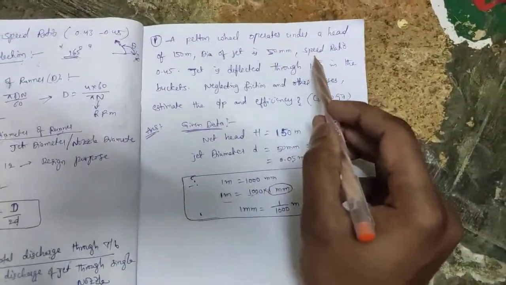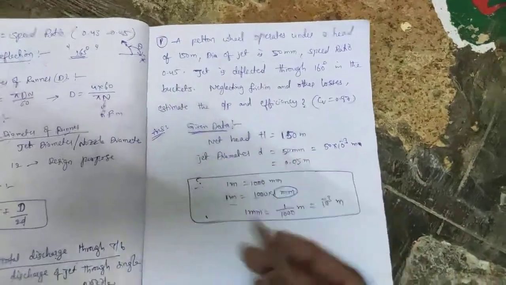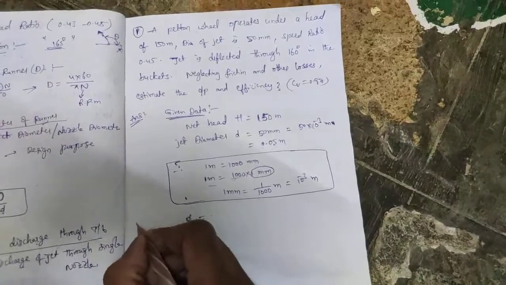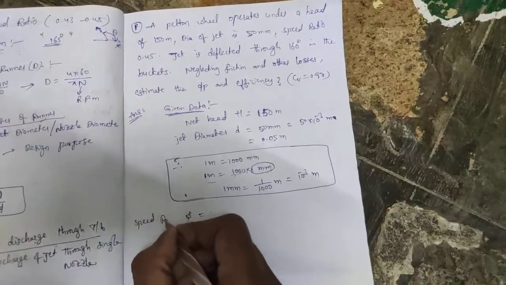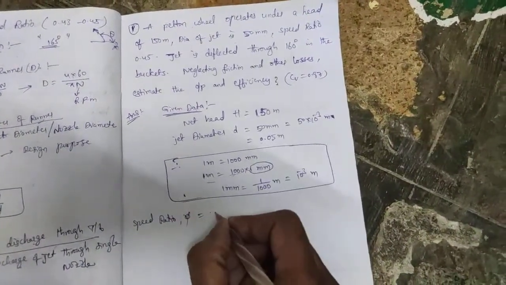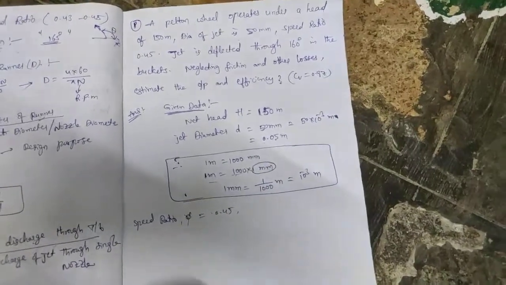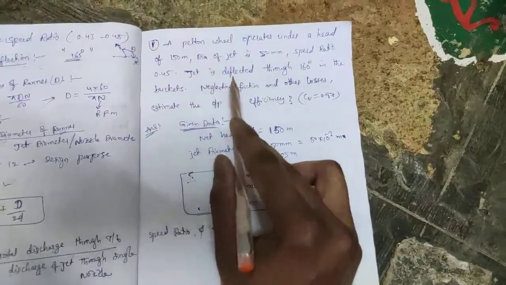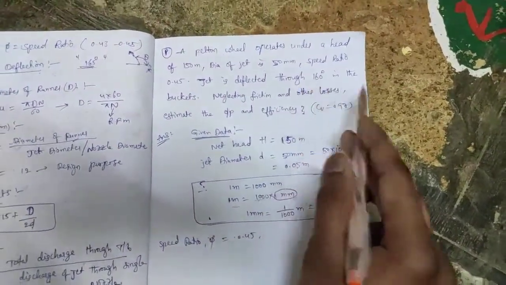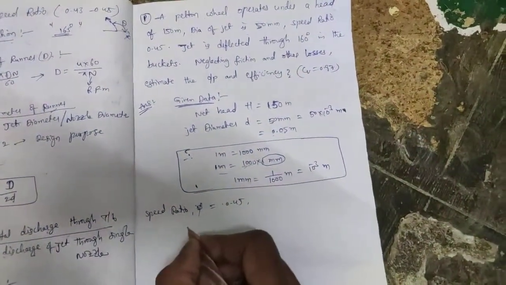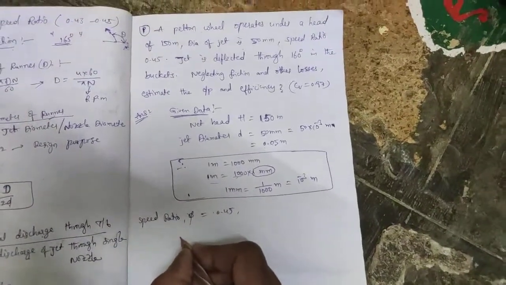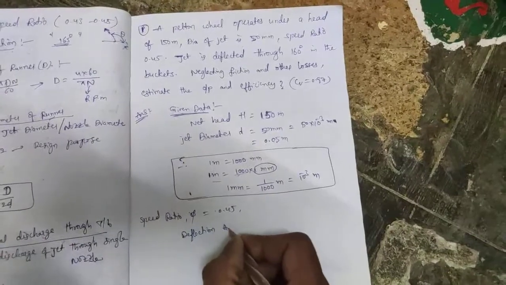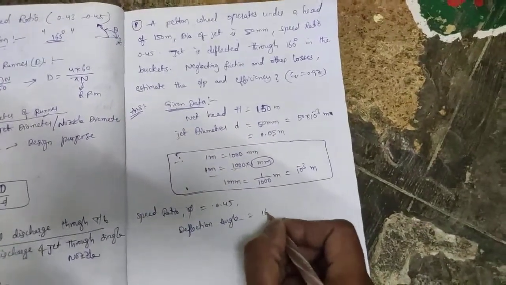Next, speed ratio 0.45, that is phi equal to speed ratio. Phi is equal to 0.45. Next given data is the jet is deflected through 160 degrees, so deflection angle is 160 degrees.